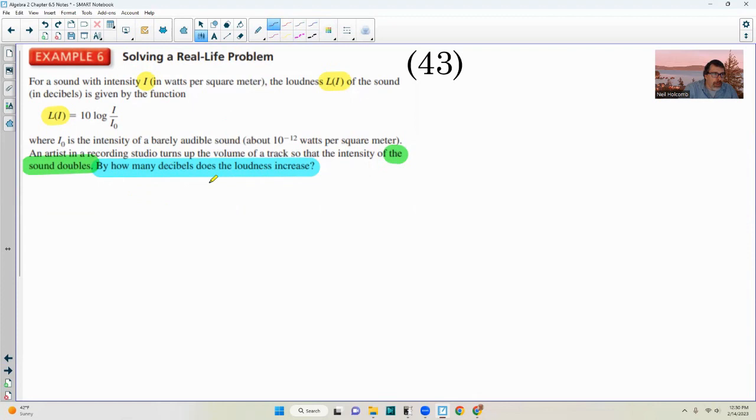So we're going to address this by letting I, capital I, be the original intensity, and we're doubling the intensity so that the sound doubles.